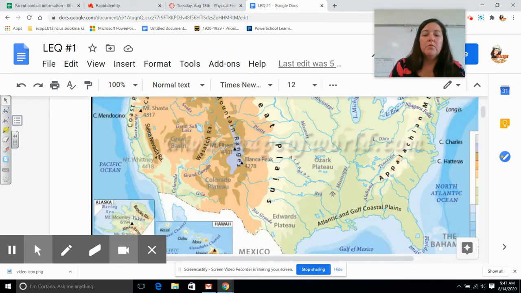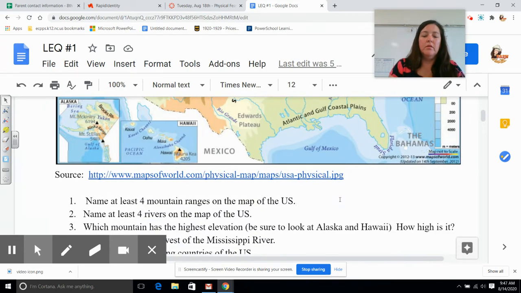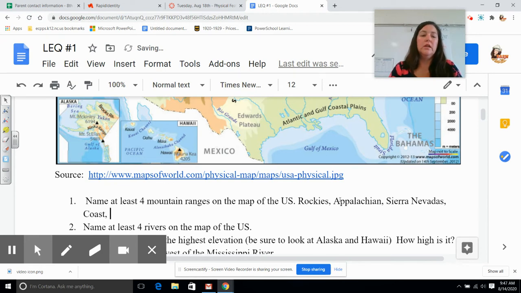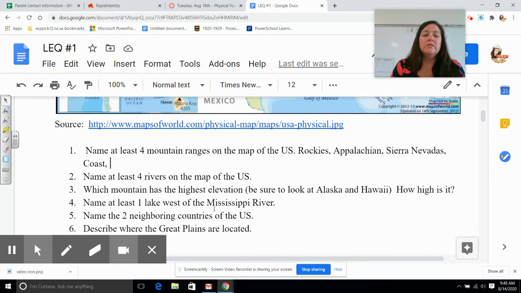I am going to do the Rockies. I say Rockies, it is the Rocky Mountain Range, the Appalachian Mountains, the Sierra Nevadas, and the Coast Range. You'll notice I didn't put mountains or mountain ranges after it, because I know that's what we're looking for. If you want to write mountains or mountain range after it, that's up to you.